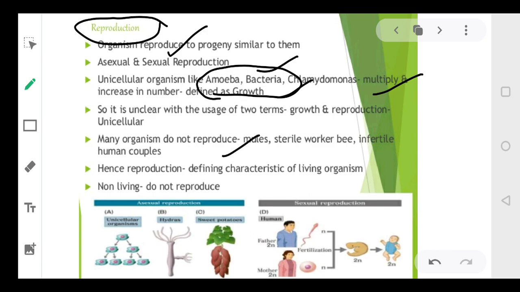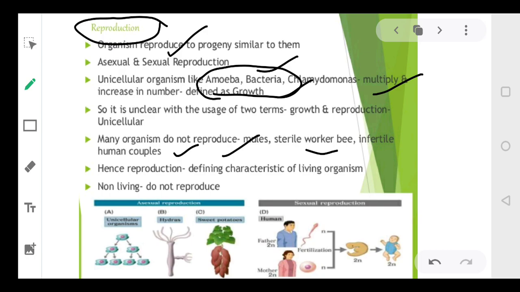Now, many organisms do not multiply or reproduce, like the worker bee. There are certain human couples who remain infertile; even after trying a number of times, they are not able to conceive.